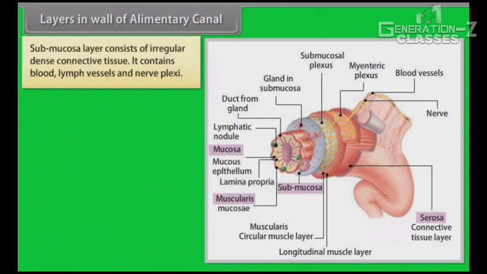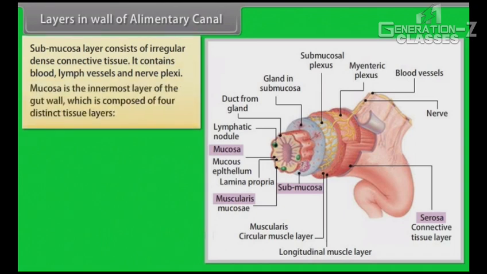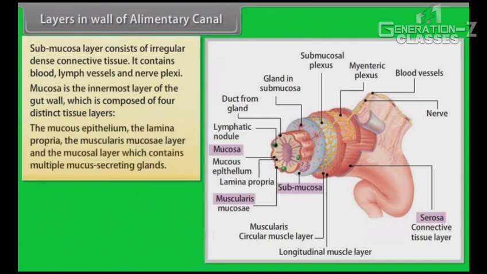Submucosa layer consists of irregular dense connective tissue. It contains blood and lymph vessels and nerve plexi. Mucosa is the innermost layer of the gut wall, which is composed of 4 distinct tissue layers: the mucous epithelium, the lamina propria, the muscularis mucosae layer, and the mucosal layer, which contains multiple mucus-secreting glands.